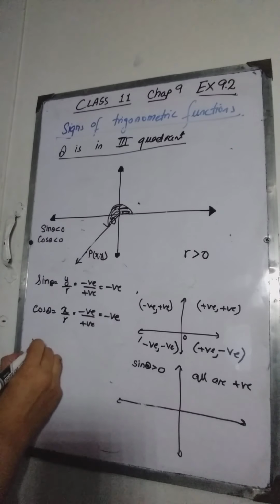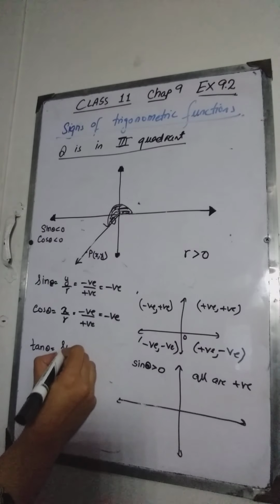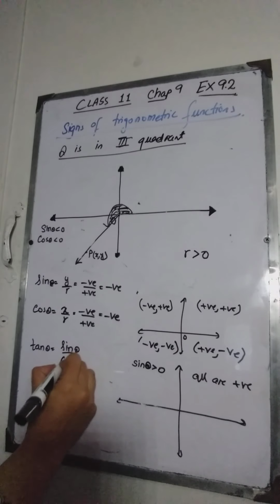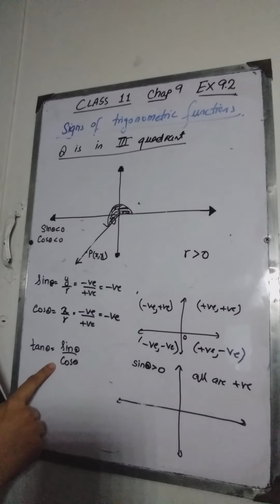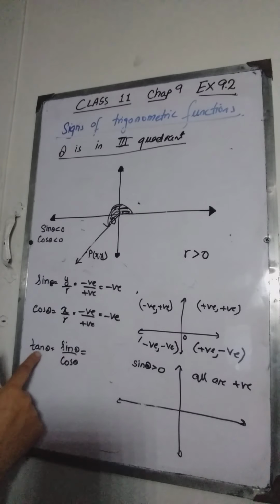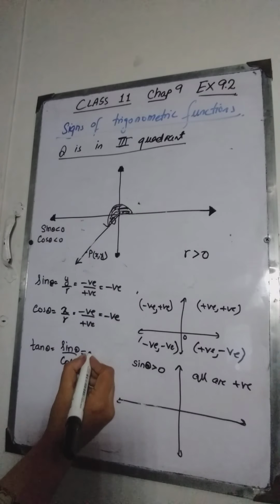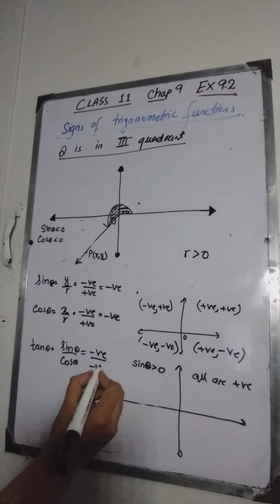Now coming to tangent theta, we know that tangent is sine theta over cos theta, or you can also say tangent is y over x. Just to determine the sign you can go both ways. Sine theta is negative, and cos theta is also negative.